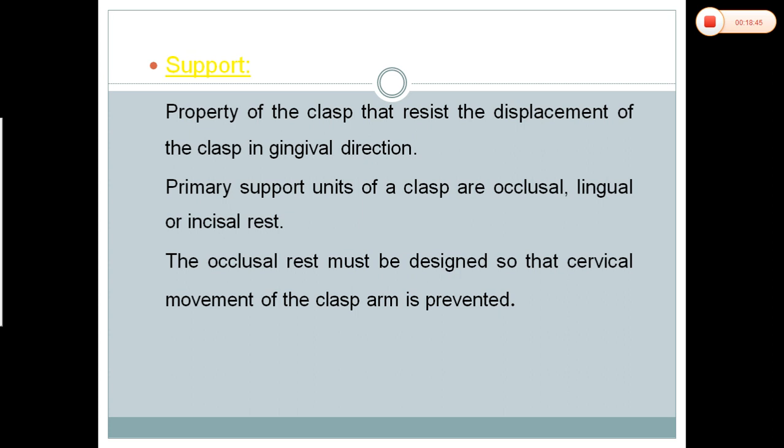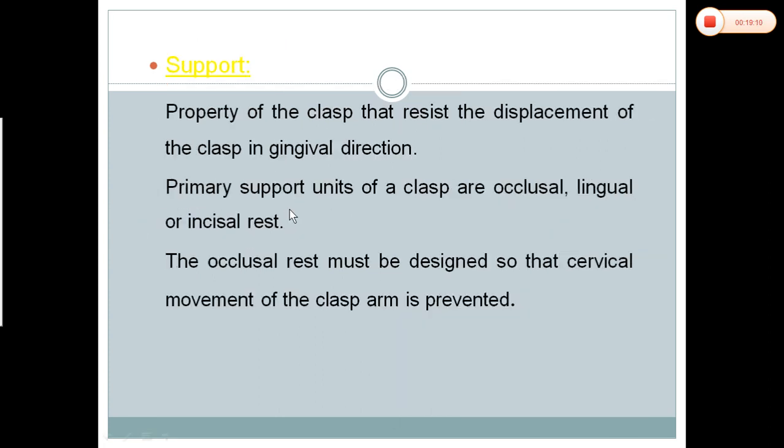If support is good, all the components will be in their normal position without any dislodgement. The rest also transmits the occlusal load along the long axis of the abutment teeth. The property of the clasp that resists displacement of the clasp in the gingival direction is called support.